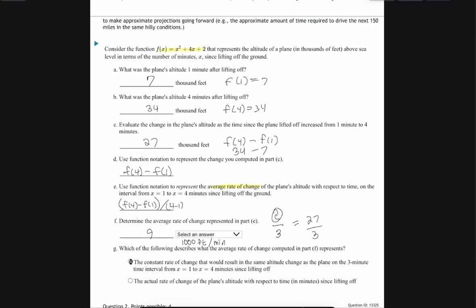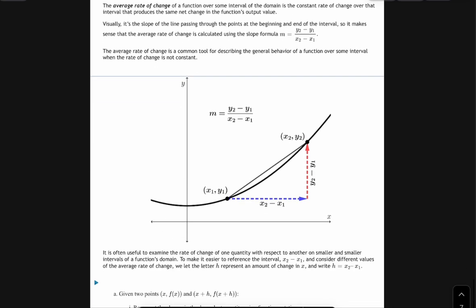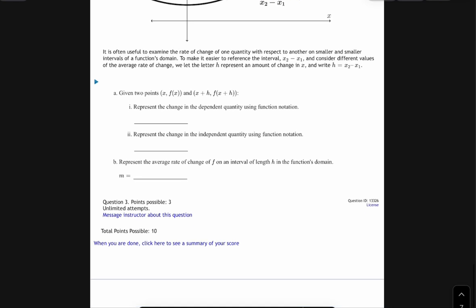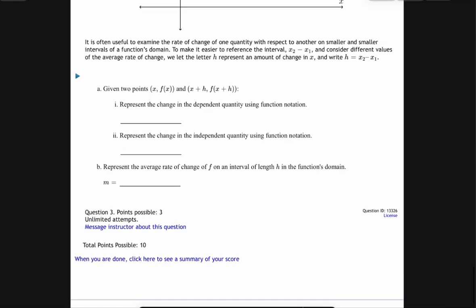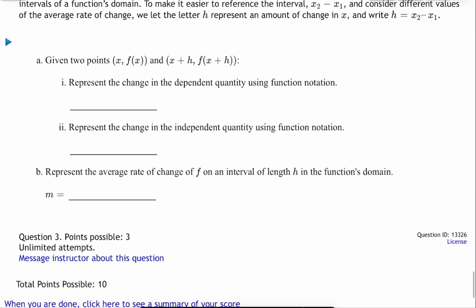Okay. So then they are mentioning that average rate of change formula. Now let's jump to the last thing, and then we'll be done with our pre-class M37. It says represent the change in the dependent quantity using function notation.